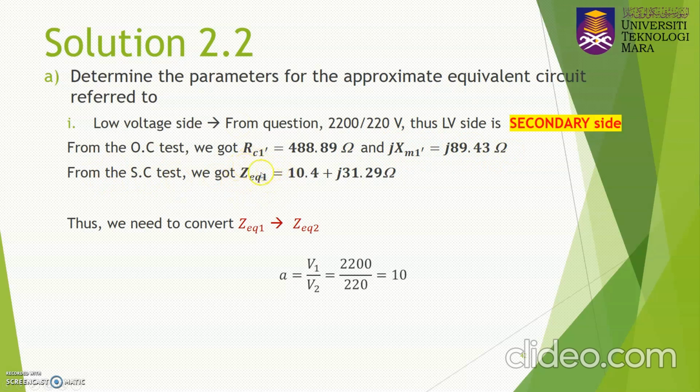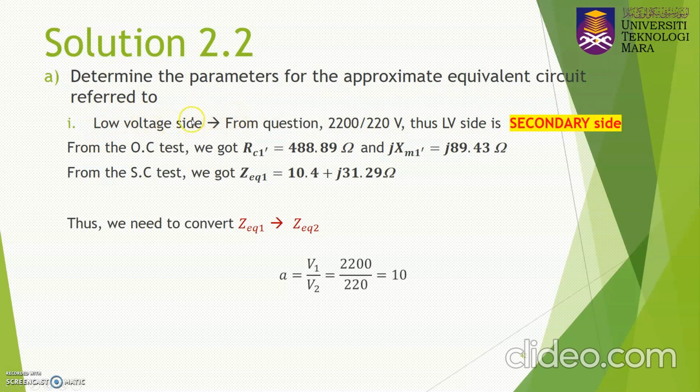The Z equivalent is referred to the primary. Here the RC and also XM are referred to the secondary. The value of the Z equivalent is equal to 10.4 plus J31.29 ohm. From the question, you need to determine the parameters for the equivalent circuit referred to the secondary side, because it is referred to the low voltage side.